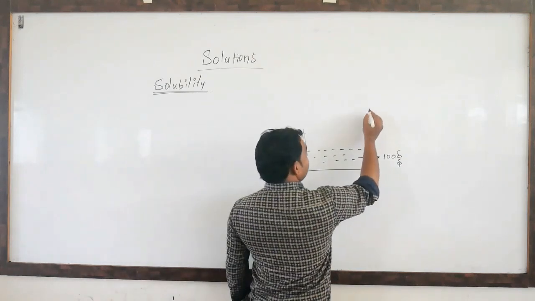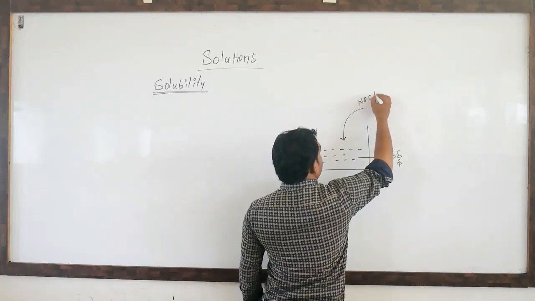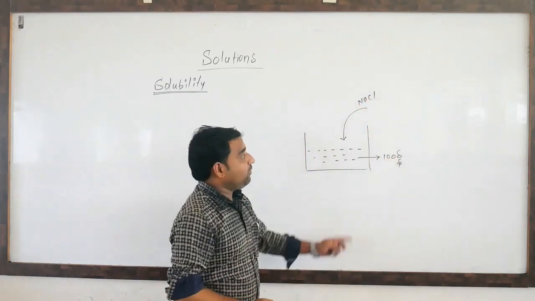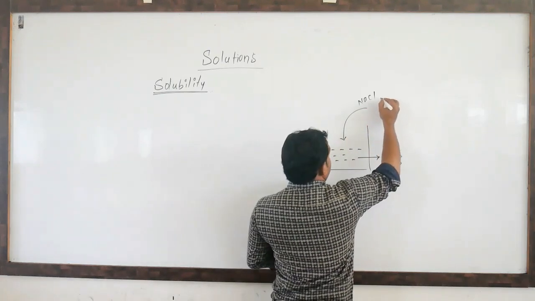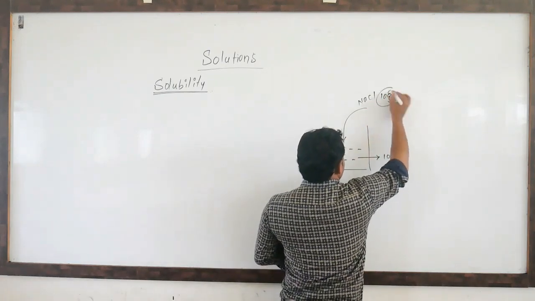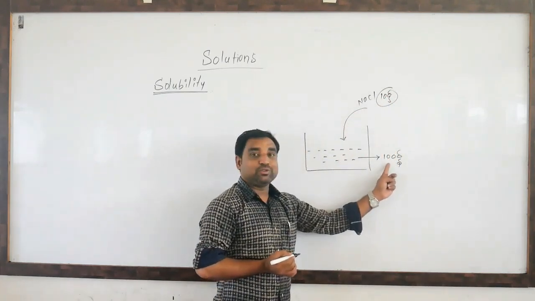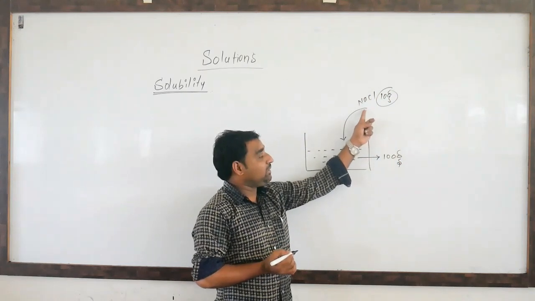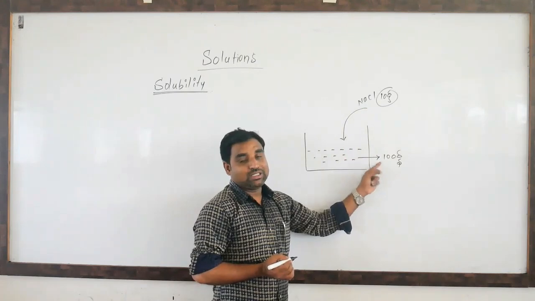If you add a solute like sodium chloride to this, for example 10 gram of sodium chloride, when we add it to the 100 grams of solvent, that 10 gram of sodium chloride will be dissolved in 100 gram of solvent.